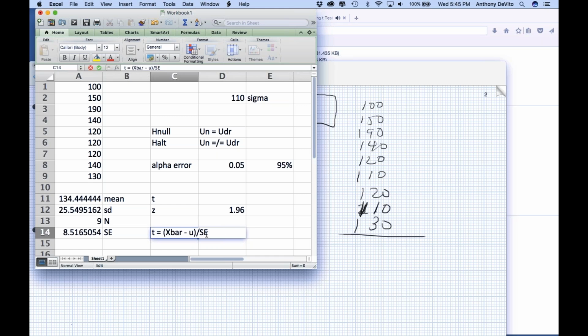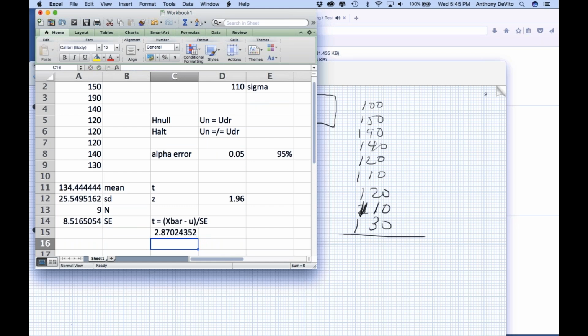So that'll give us the number of standard errors that they're apart. In this case, it's going to be equal to 134 minus 110 divided by the standard error, which is 8. I have to put this in parentheses first in order to make this work. And that comes out to be 2.87, right?